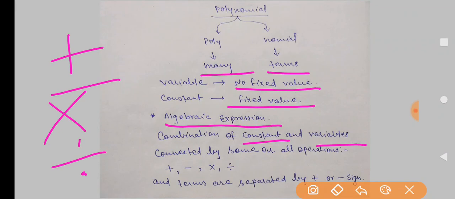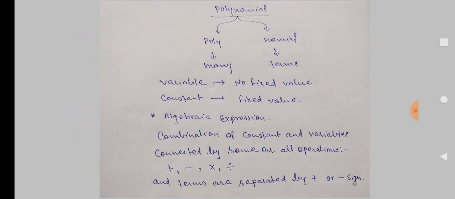Okay. So in an algebraic expression, constant and variable terms are separated by addition, subtraction, multiplication and division. That is called the algebraic expression.